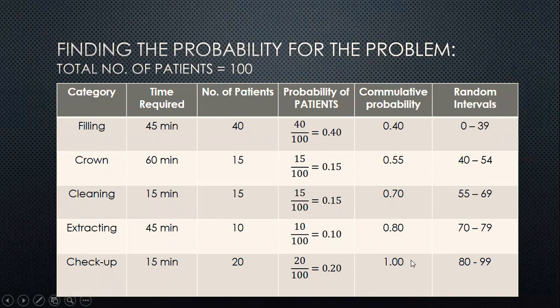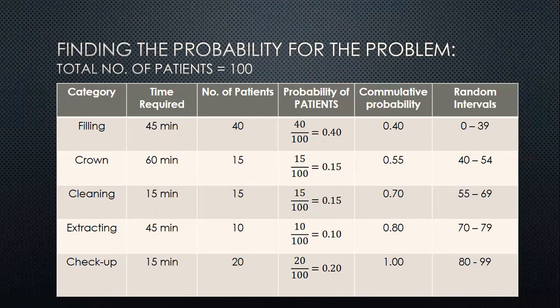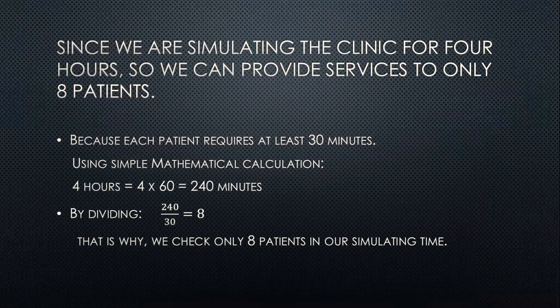Now it is time to generate the random numbers. First of all, I would like to say how many patients we can check during our simulation time. Since we are simulating for 4 hours, we can provide services to only 8 patients. How is this possible?